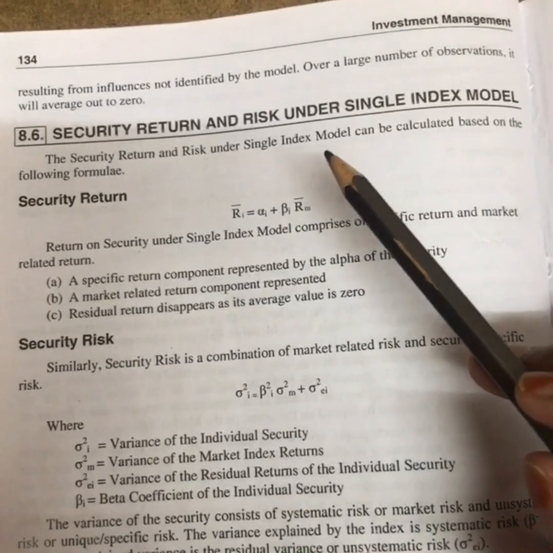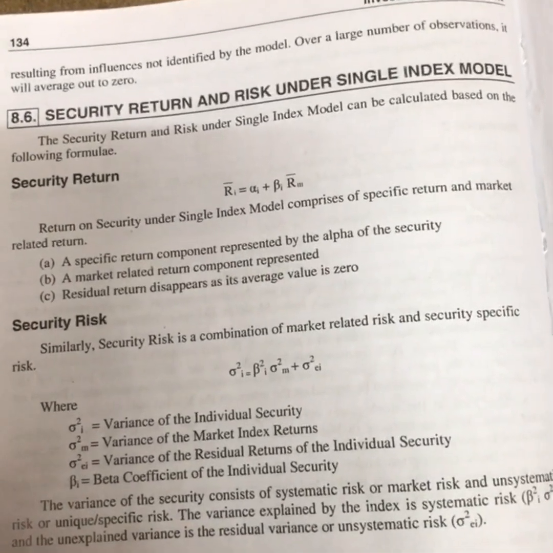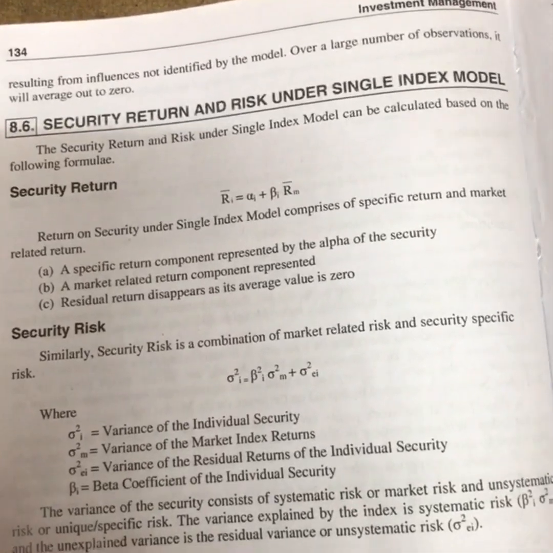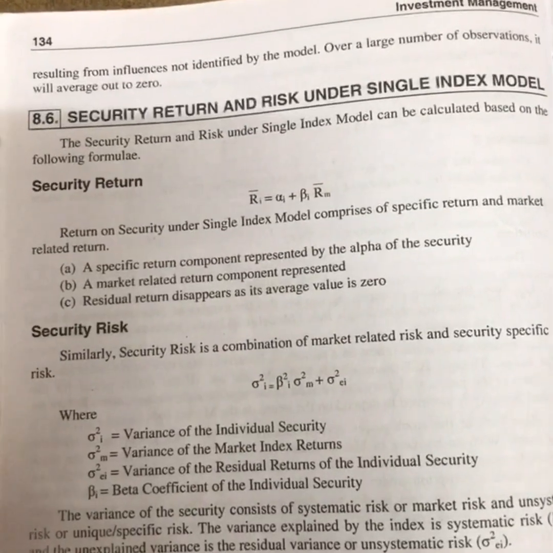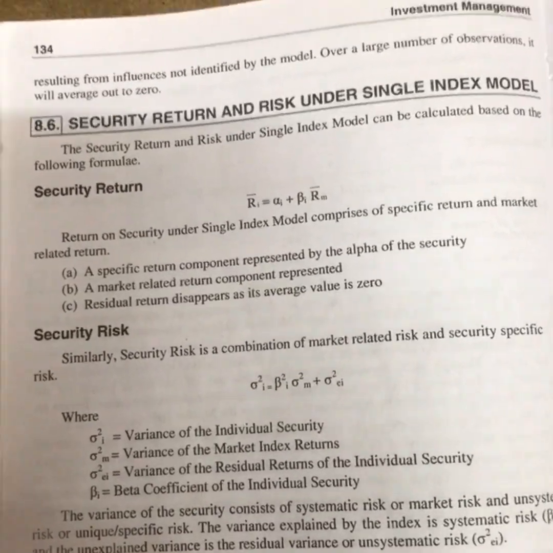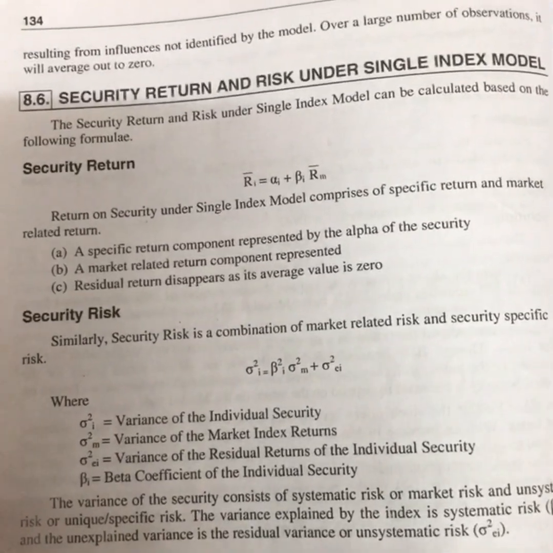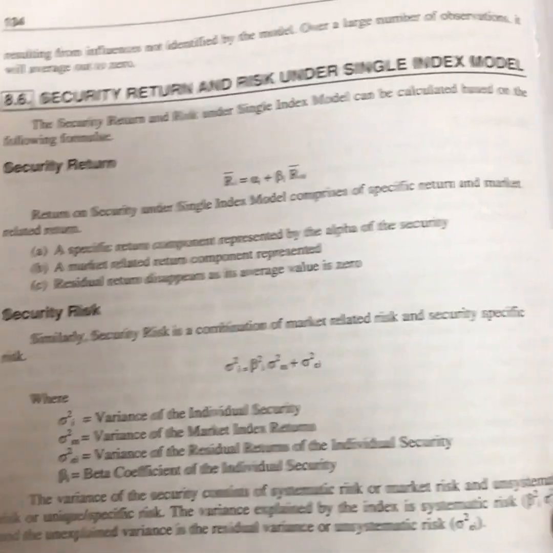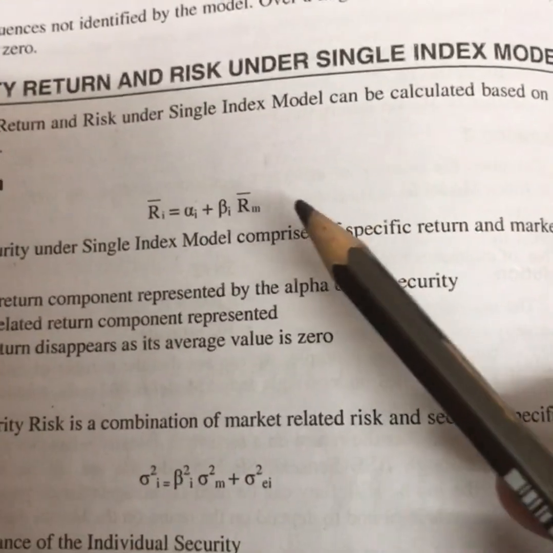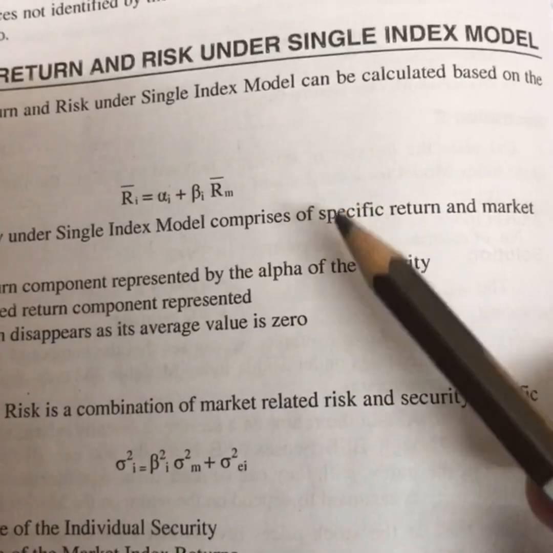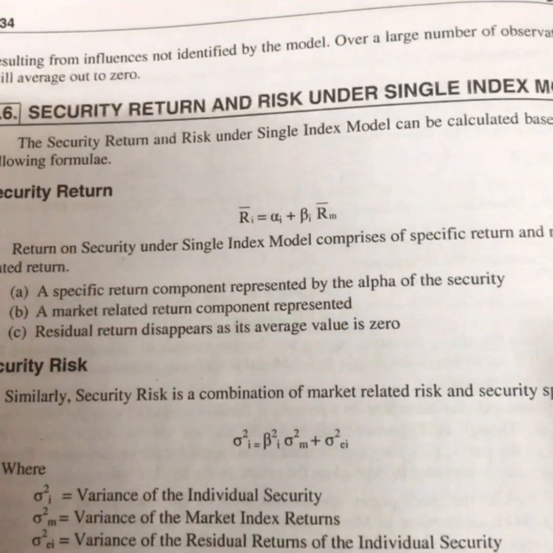If you remember, under the Markowitz model, security return is nothing but we add the current return with the capital return, whereas expected return is return into probabilities. Under risk, we calculated standard deviation, but here we have two different formulas. Security return, Ri bar, is equal to alpha i plus beta i Rm bar. This is the formula for your security return.